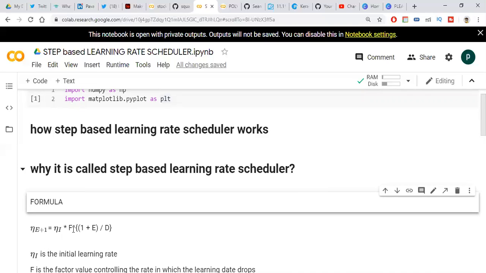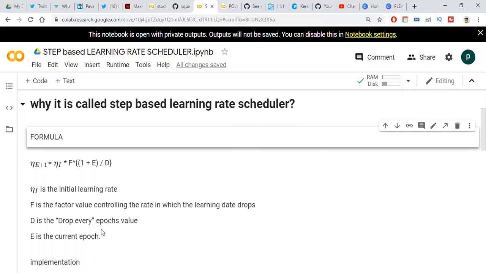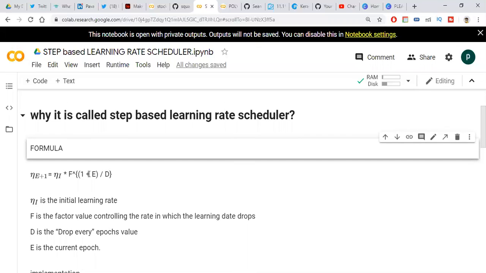That's why I am denoting that value with f. After some epochs, the learning rate will decrease by this factor. And 1 plus e is the epoch, d is the decrease, how often it drops. So this is the formula.